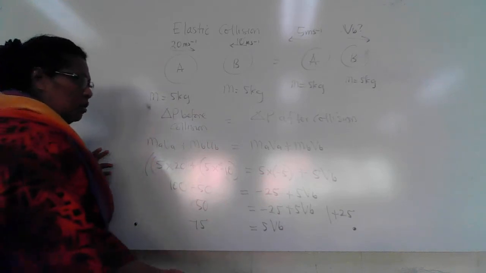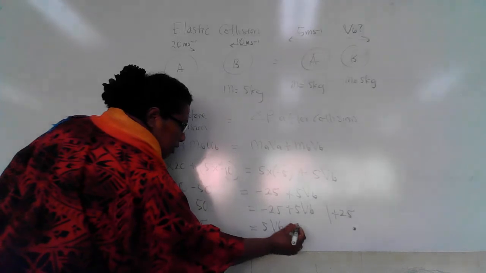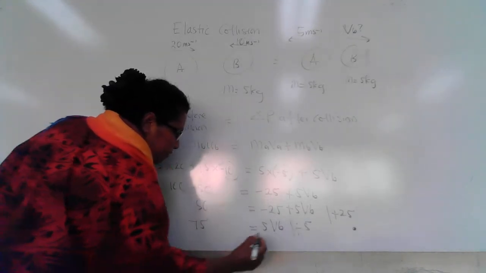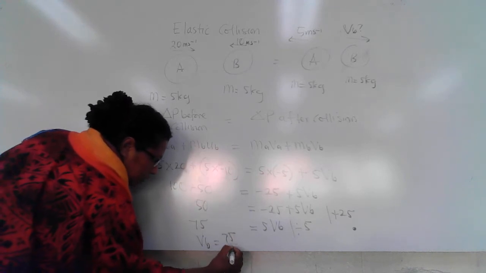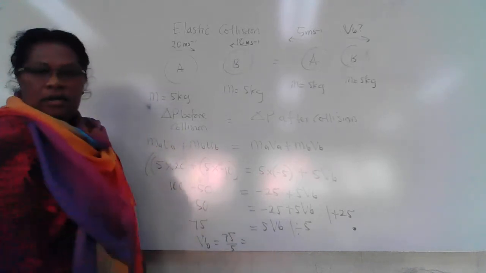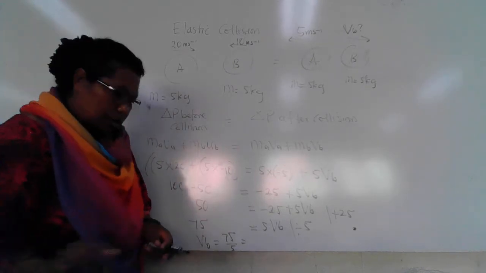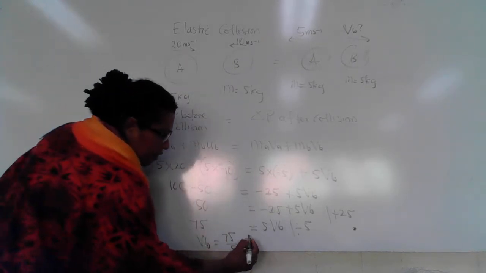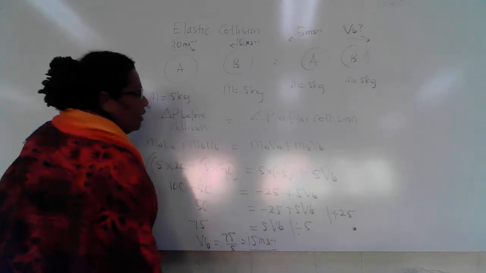To make VB on its own, we divide by 5. Therefore, VB equals 75 divided by 5, which is 15 meters per second.